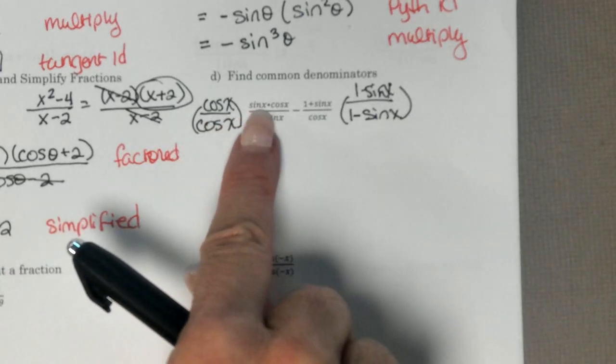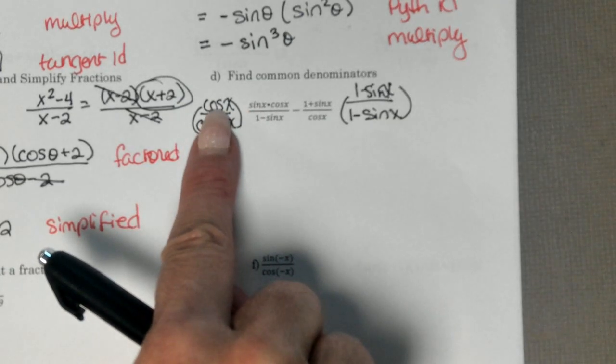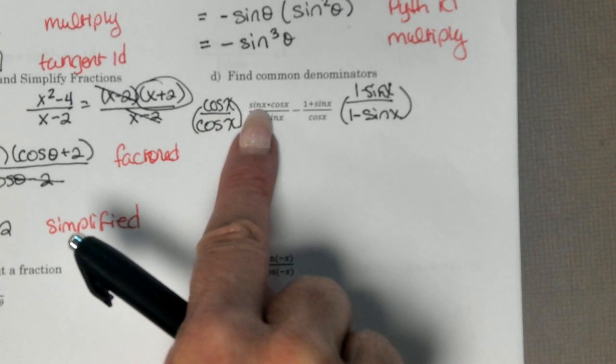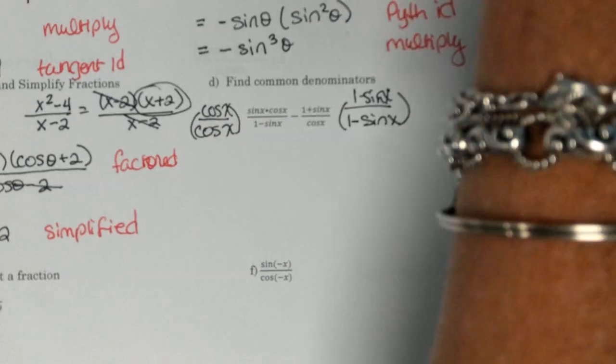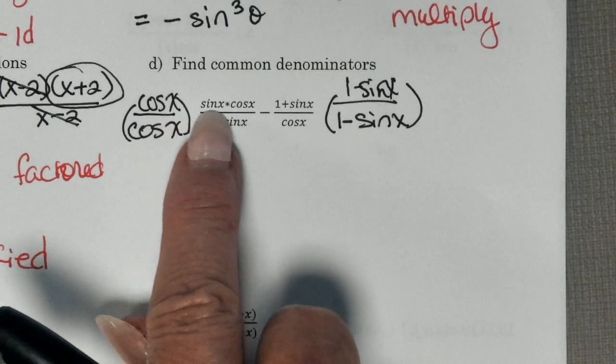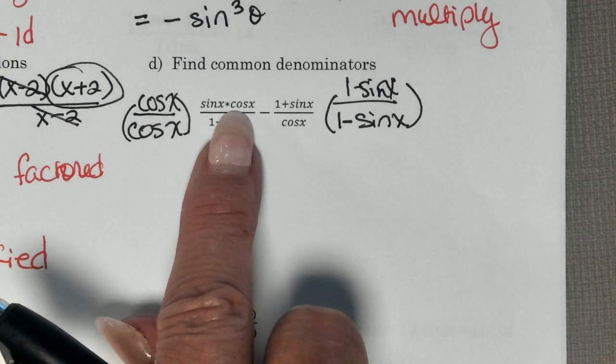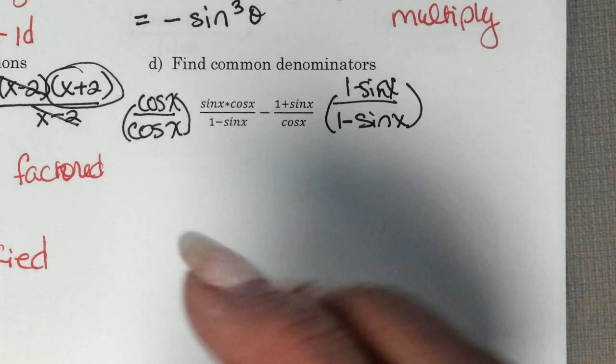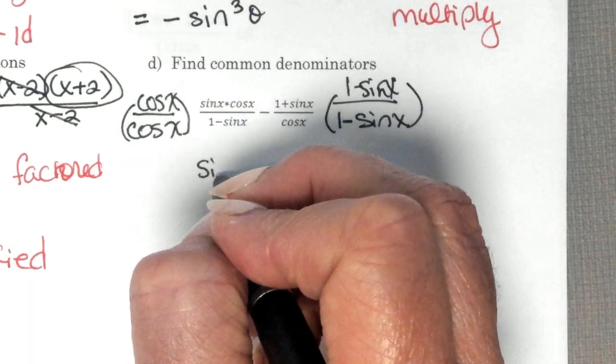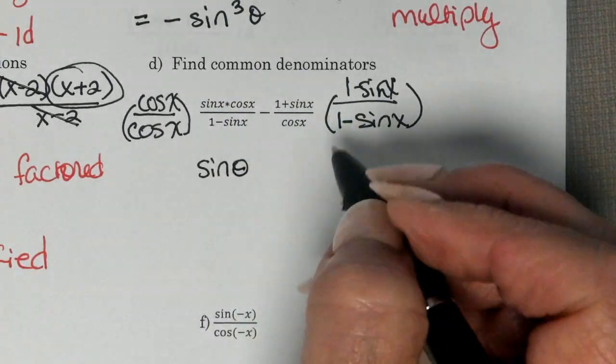So up here at the top, if I have a cosine times a sine and a cosine, I'm going to zoom on this for just a second. Well, my cosines are going to end up being cosine squared. So this is sine, and I'm going to change it to theta again.